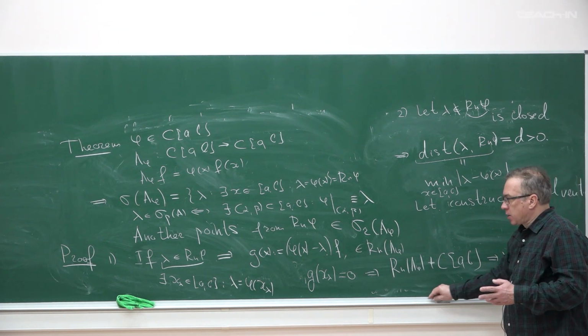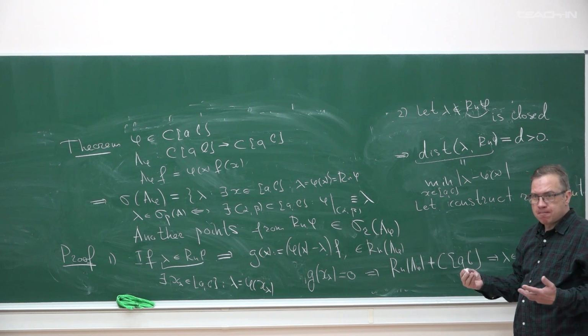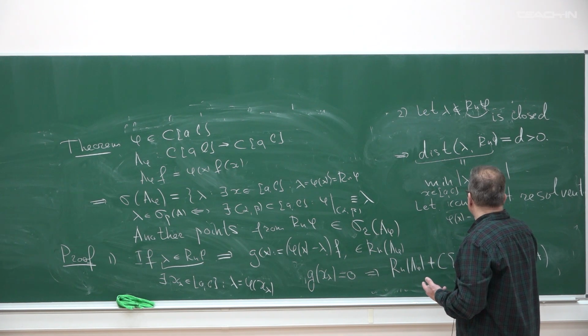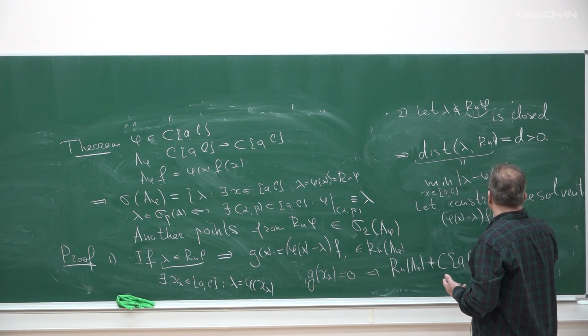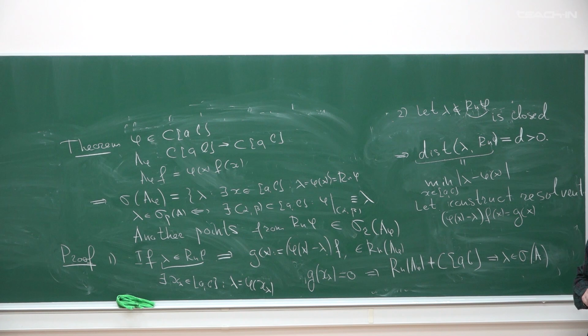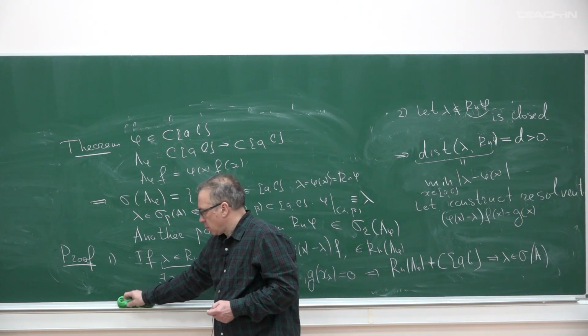Again, to construct the resolvent is the same as to solve the equation. So we need to solve the equation. Right side function g is given. We must find function f.